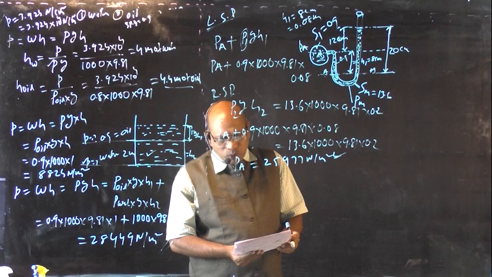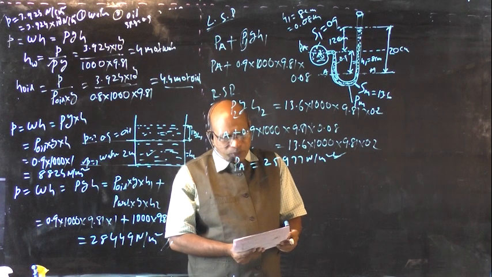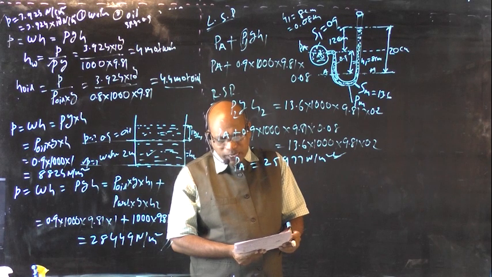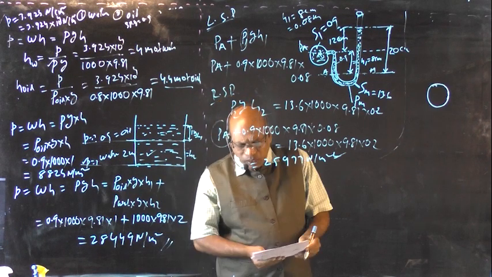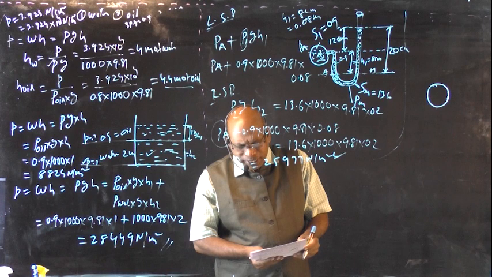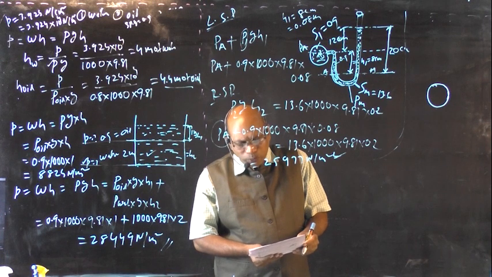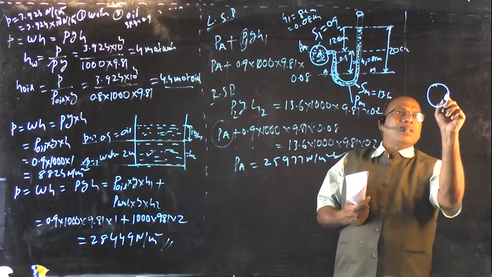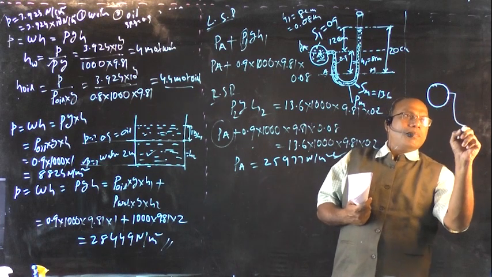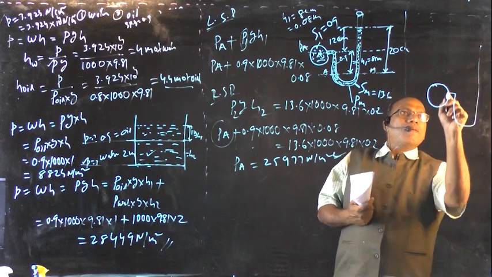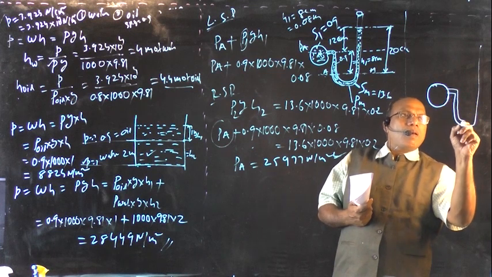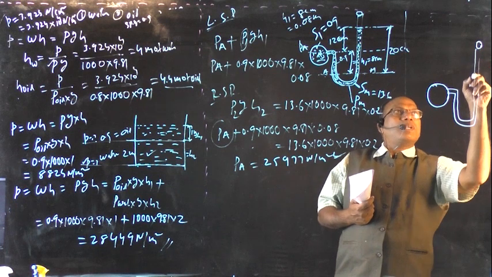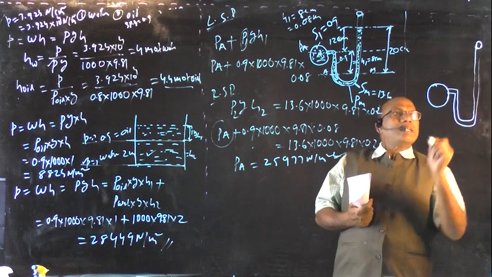A simple U-tube manometer containing mercury is connected to a pipe in which a fluid of specific gravity 0.8 and having vacuum pressure is flowing. Based on the vacuum pressure, we are going to draw the diagram. This is the left limb, open to atmosphere.